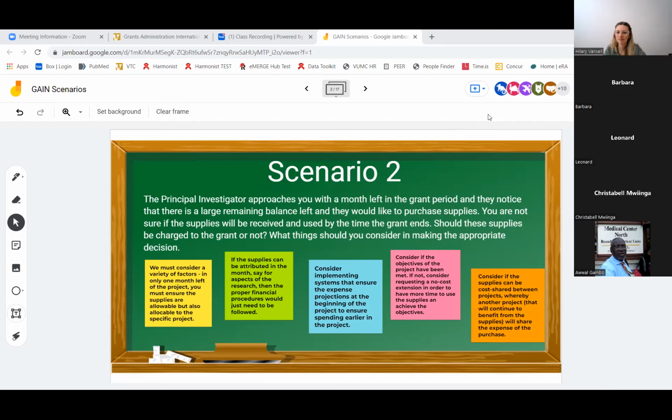If the activities are going to overlap by a month or whatever it is, we therefore request from the funder a no cost extension.